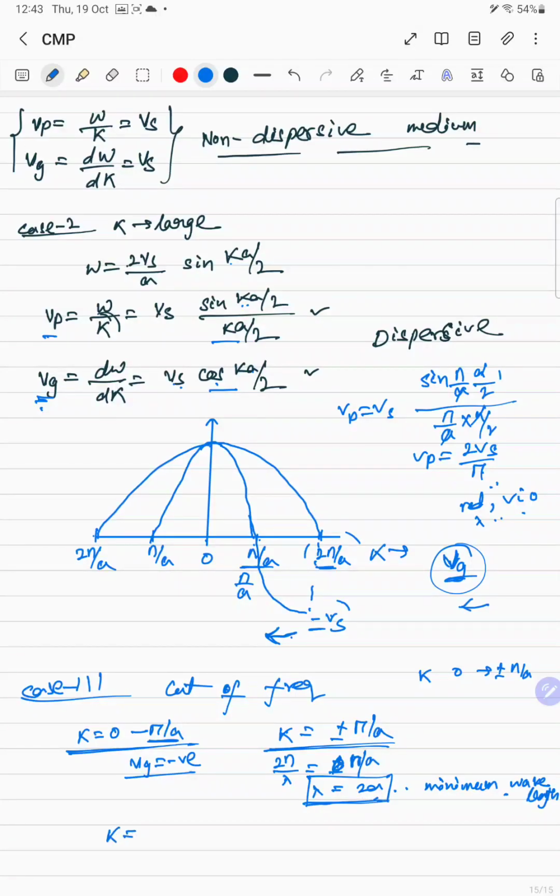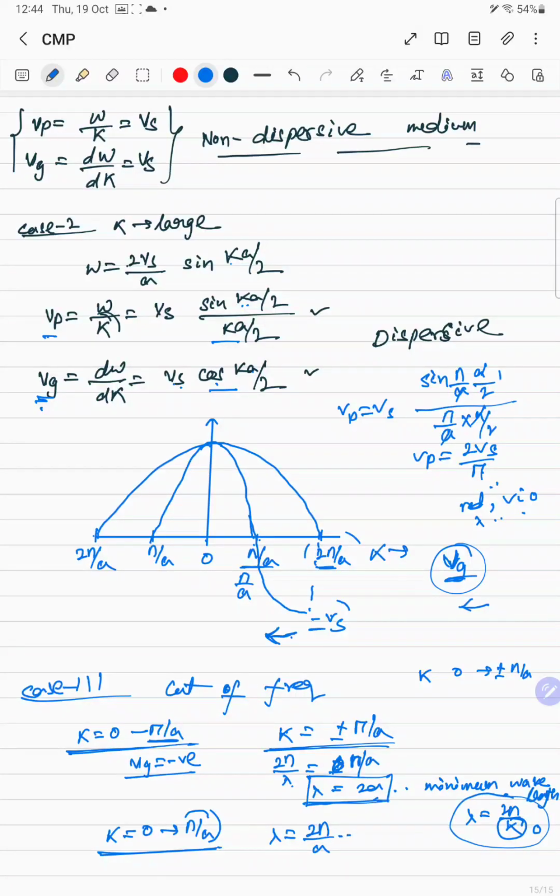So k equals 0 to pi by a, waves with this k value will travel. That means lambda value will be 2 pi by a corresponding to this pi by a. And if you look at k equals 2 pi by lambda, lambda is 2 pi by k. If you put k equals 0, lambda will be infinity.